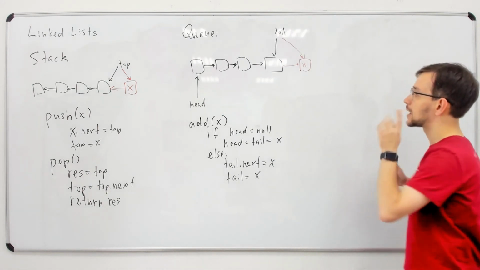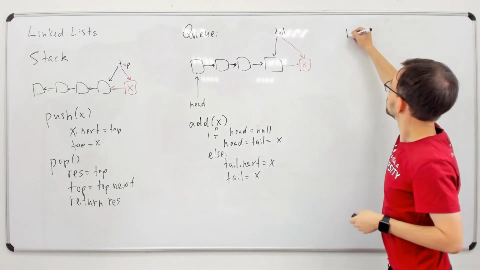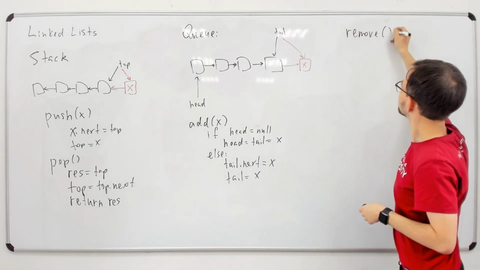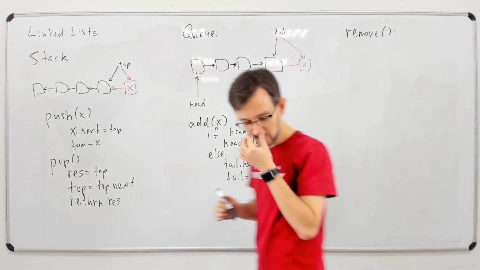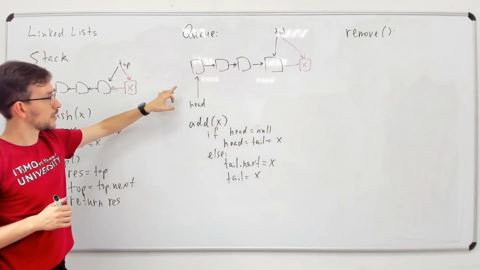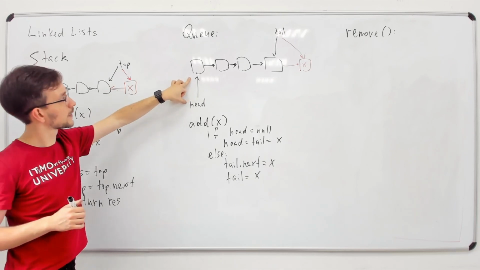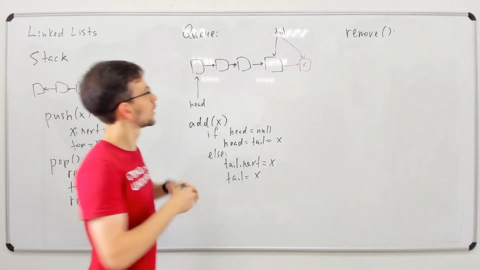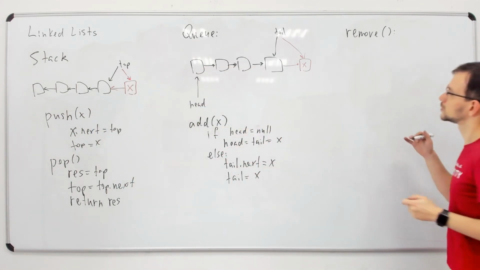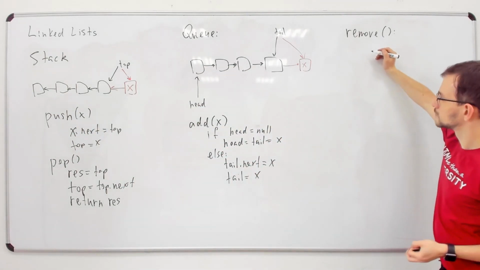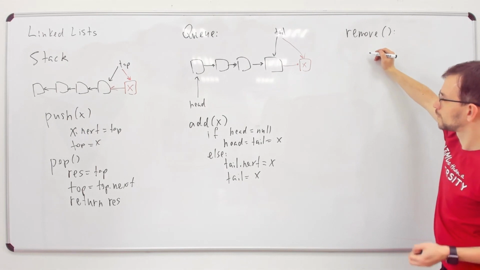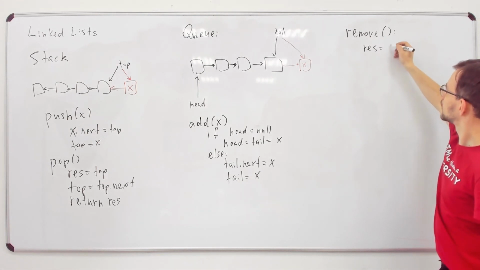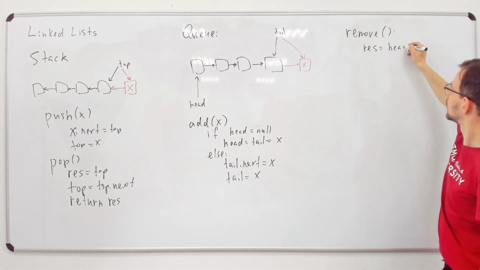Fine. So how to remove an element from the queue? Again, you take this element head, remove this element, and then move to the next element here. Again, let's remember the position of the head.